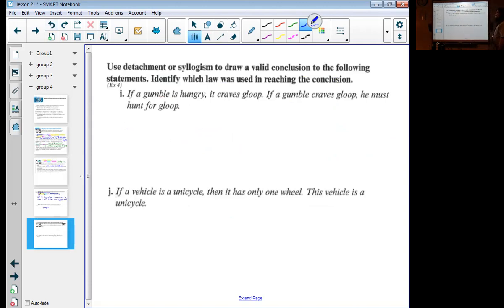Use detachment or syllogism to draw a valid conclusion from the following statements. Identify which law was used in reaching the conclusion. So we have if, then.